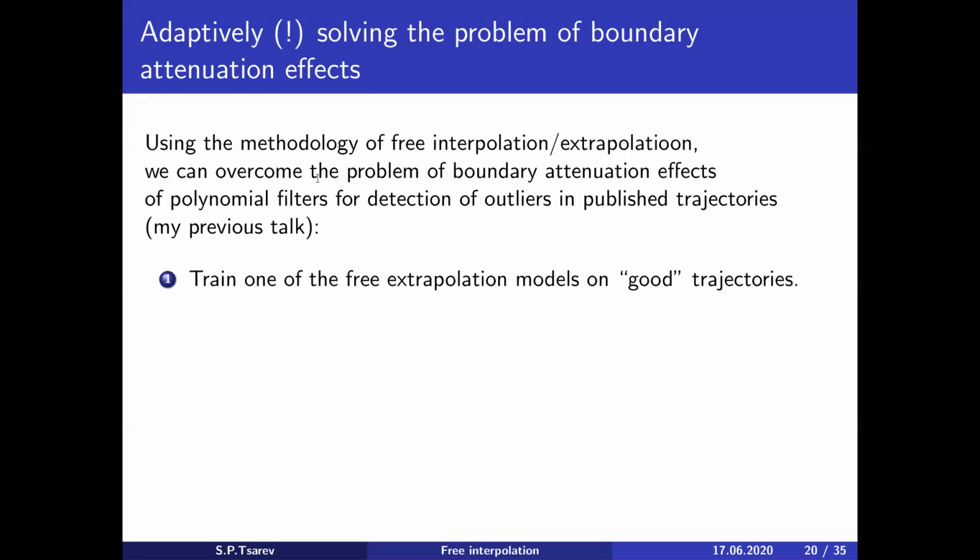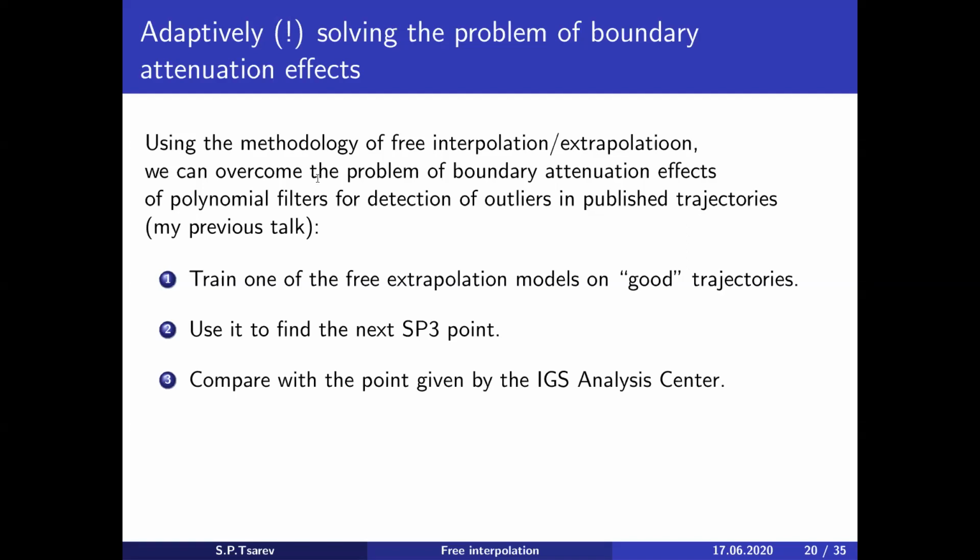Take free interpolation model, any one, and train them on good trajectories, which have no problems, no jumps, no outliers, no abnormal values. Then use them to find next point and compare to the point given as the input data. If you have some big deviation, then we can see that trajectory is defect.